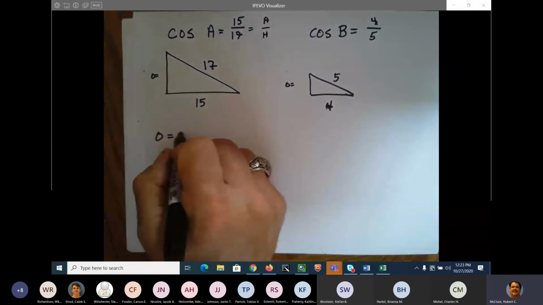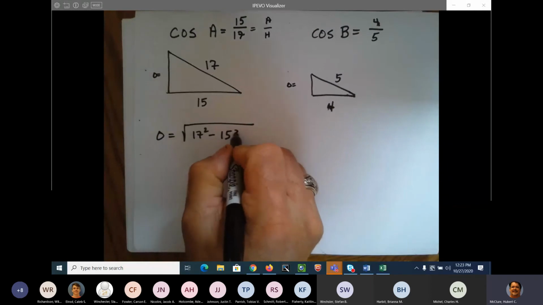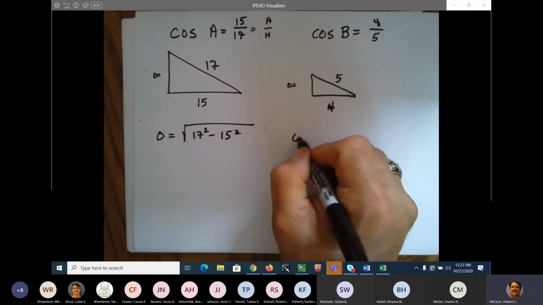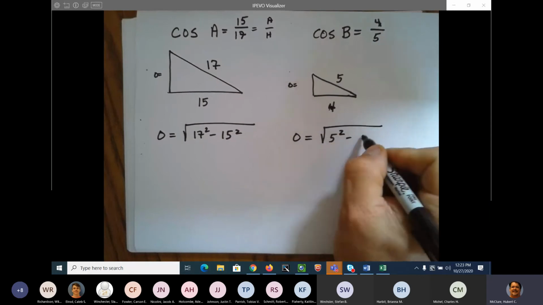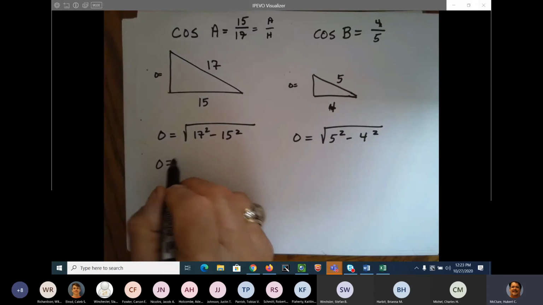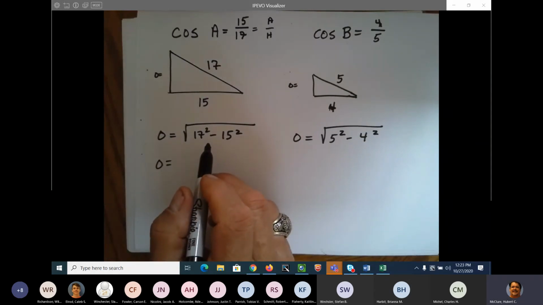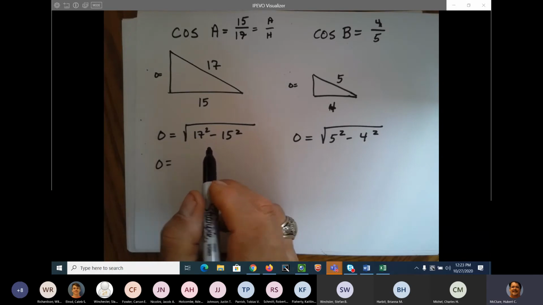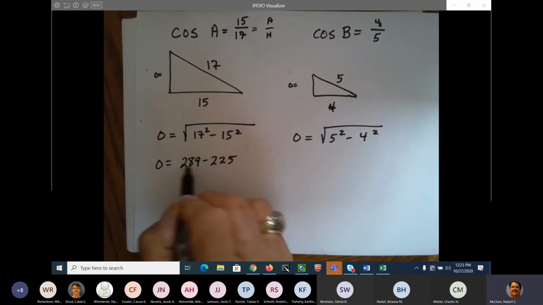Opposite is equal to the square root of 17 squared minus 15 squared. Opposite is equal to the square root of 5 squared minus 4 squared. Opposite is equal to, I did 17, how much is it? 17 squared is 289 minus 225.